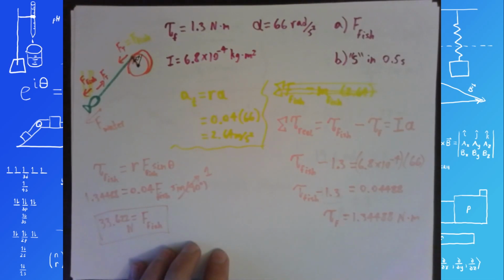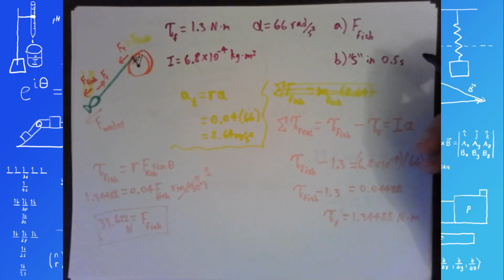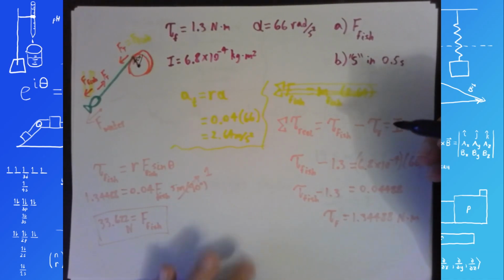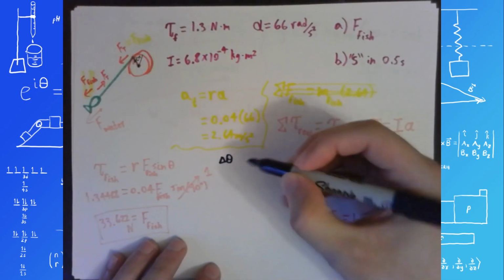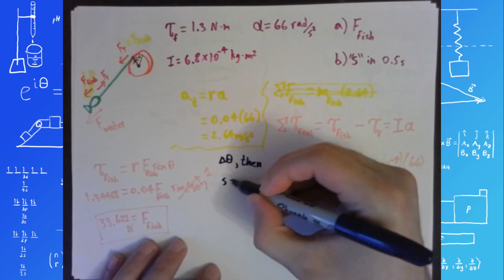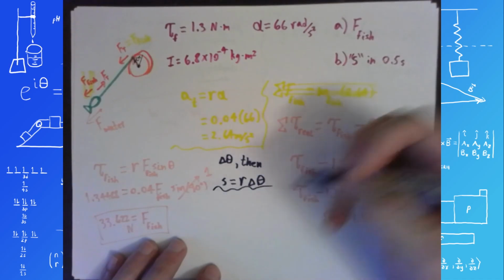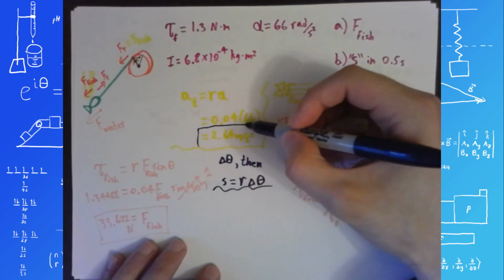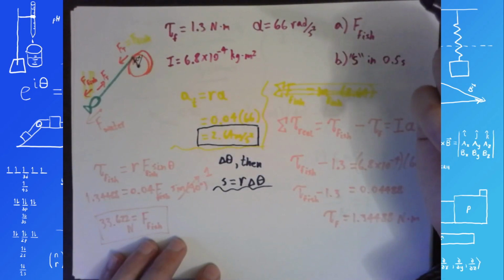Part B, how much of the fishing line gets pulled out in 0.5 seconds. So two different ways you can do this. You can either calculate the angular displacement first, then you can do S equals R times delta theta. So that's one way you could do it. Or you could do what I did, which is convert the angular acceleration into tangential acceleration and use that instead.